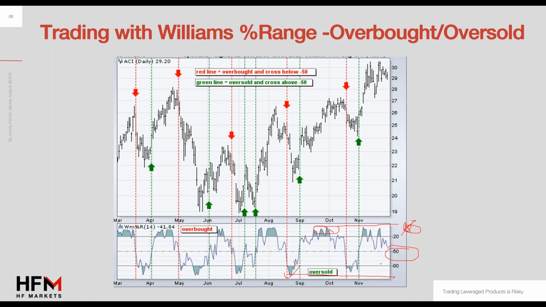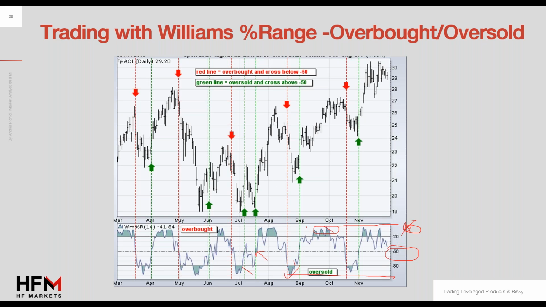There are two possible entries in each direction. One is the crossing above minus 80, which is a bullish signal, or a sustained move above minus 50 towards minus 20. Every time it crosses above minus 50, there are many traders that can use it for adding to their existing position.